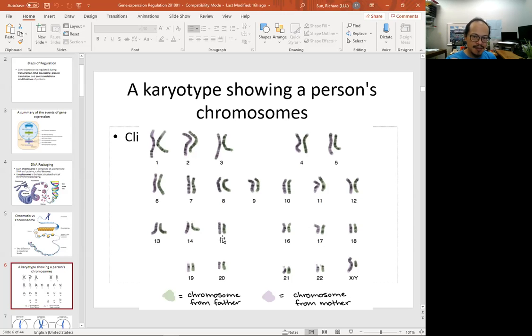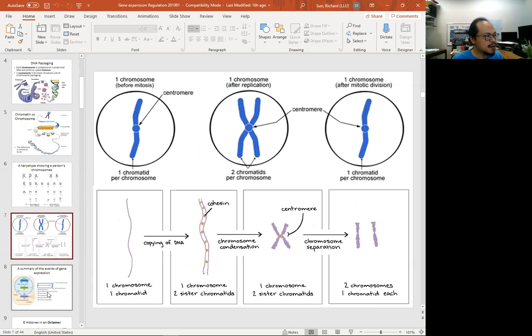When we do this, we can copy and chop it and then move it. These two are together, so we can show we have two copies of the same chromosome. And so this is a single chromosome, like this one here.